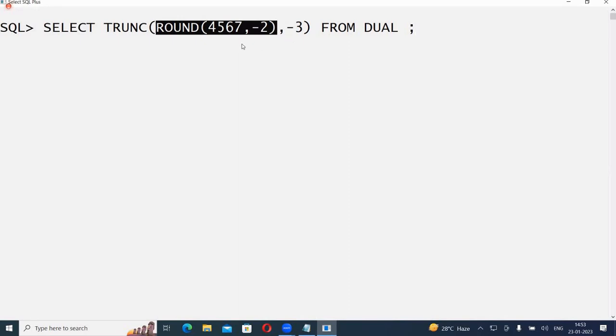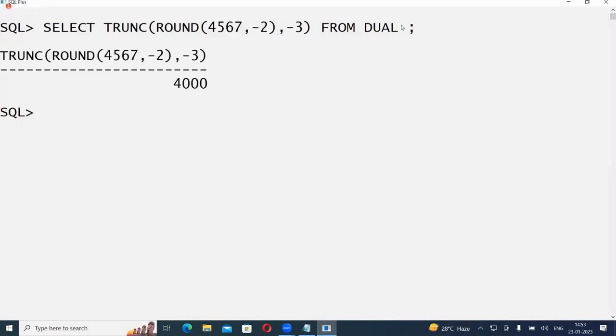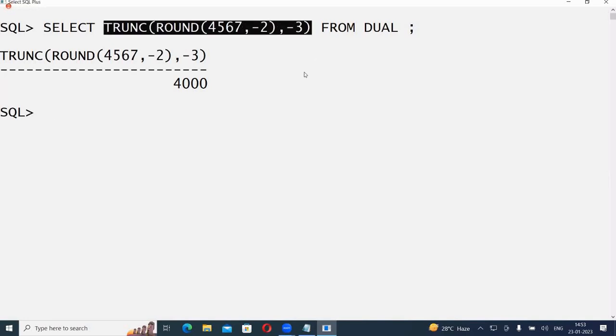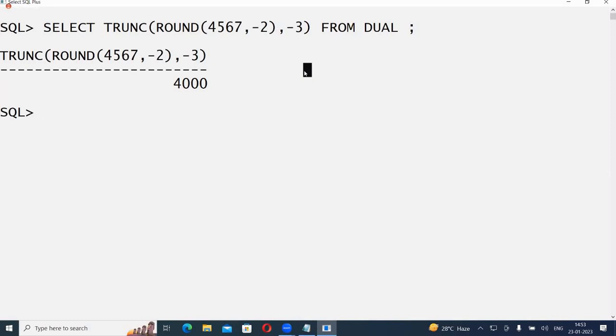Because the trunc function, this number is 4,600 now, is between 4,000 and 5,000, but trunc always rounds to the lowest. What is the lowest? 4,000. Then this gives 4,000. That's all. Sometimes they will give it like this. Understood?